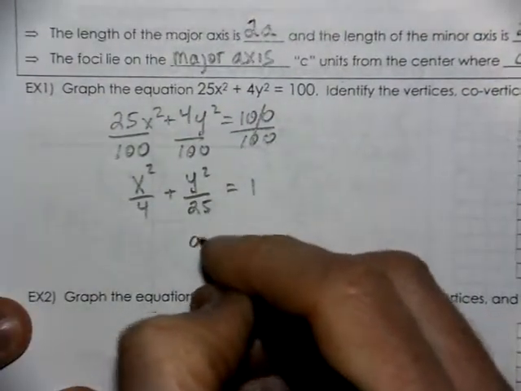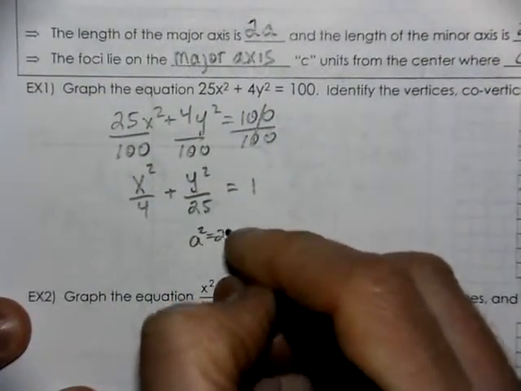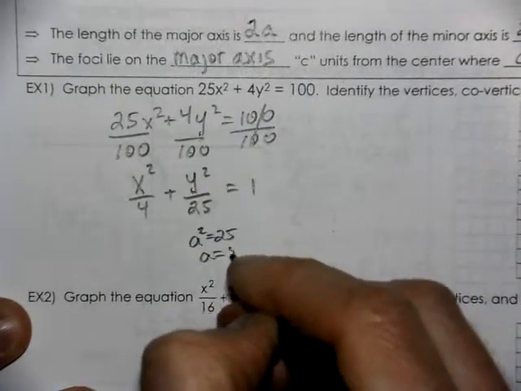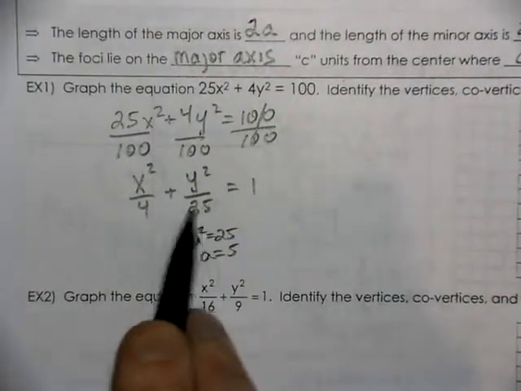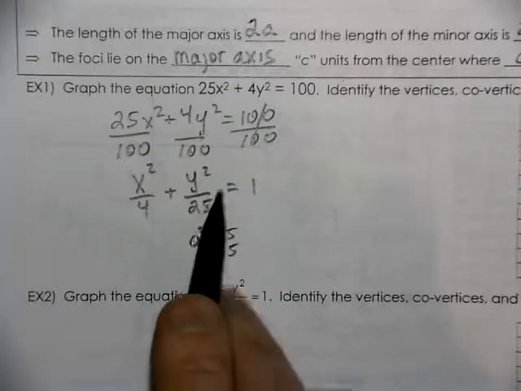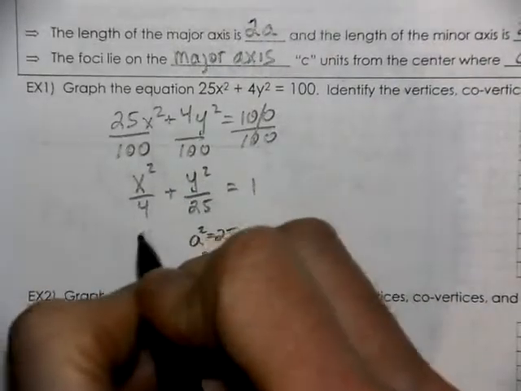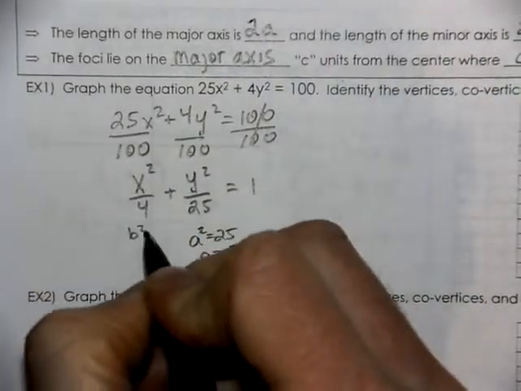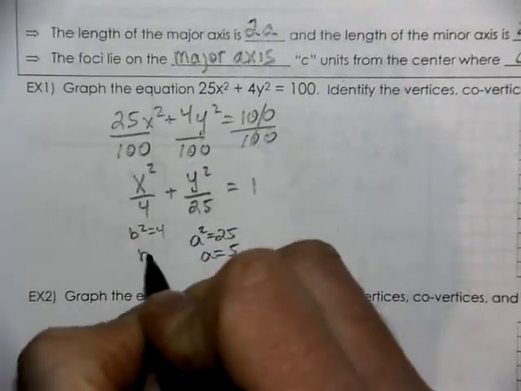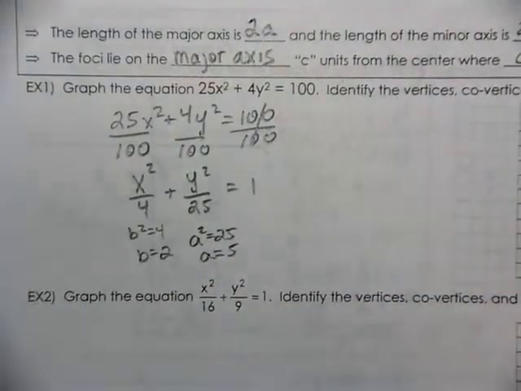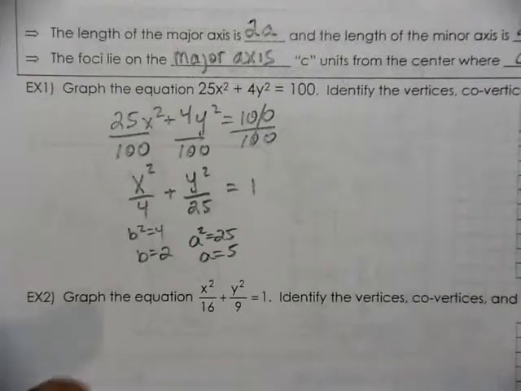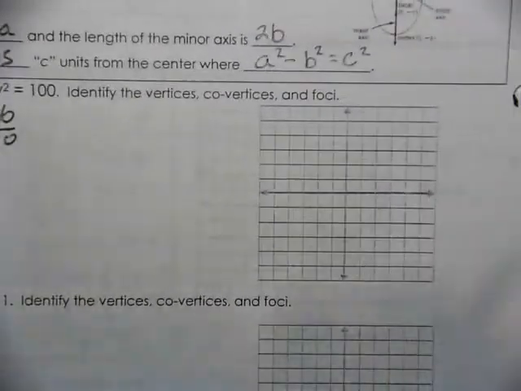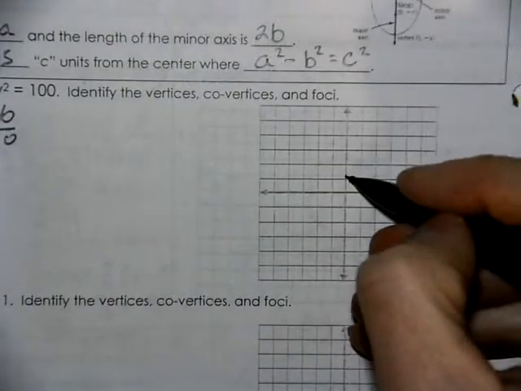Now we know our a squared equals 25, so the a value is 5, because that's the larger of the numbers. This is going to follow the y-axis. Our b squared equals 4, so the b value is 2. So I can come on over to my graph. I know my a value was 5.